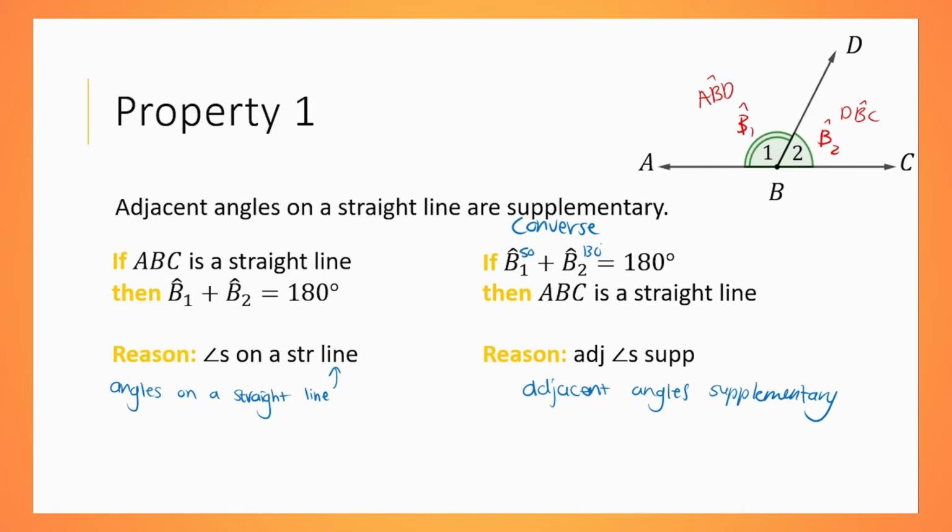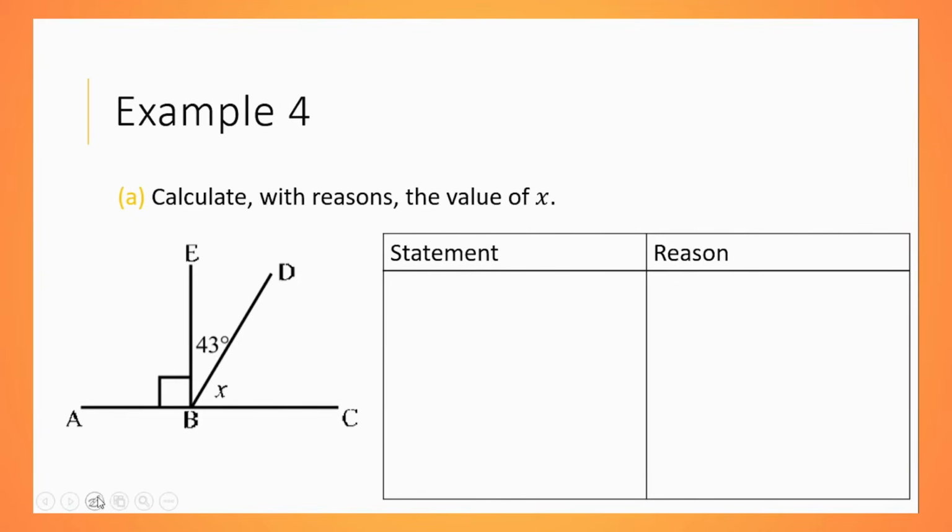Now we're going to look at examples of how we use this property or how it can be asked of you. So here in our first example, we have to calculate with reasons. We don't have to tell you with reasons, just by the way. Anything in geometry, you put your reasons there, please. We need to find the value of x.